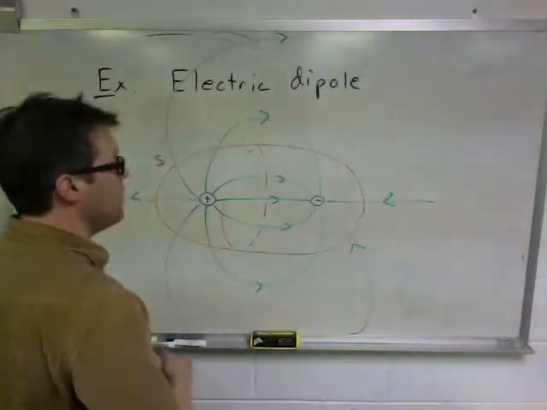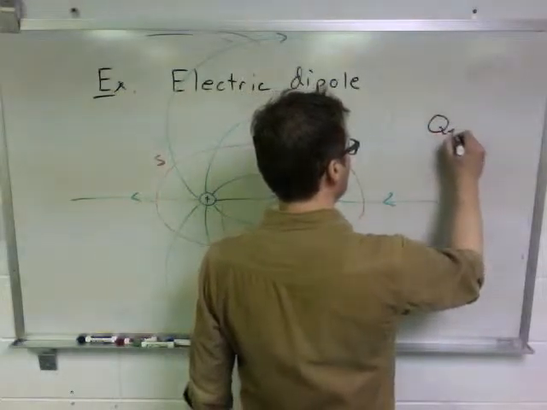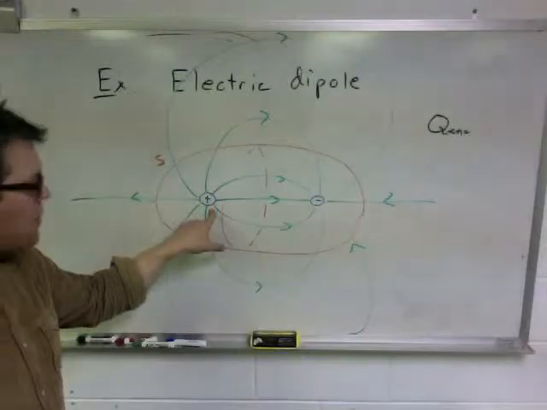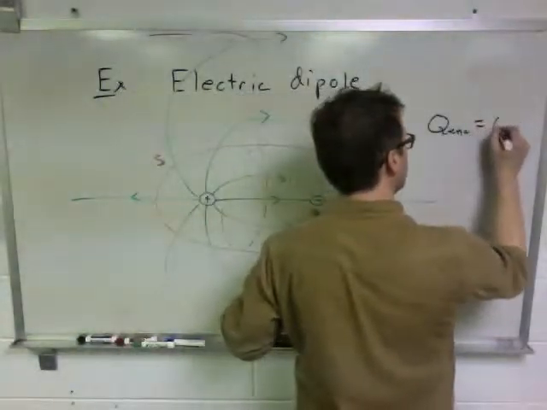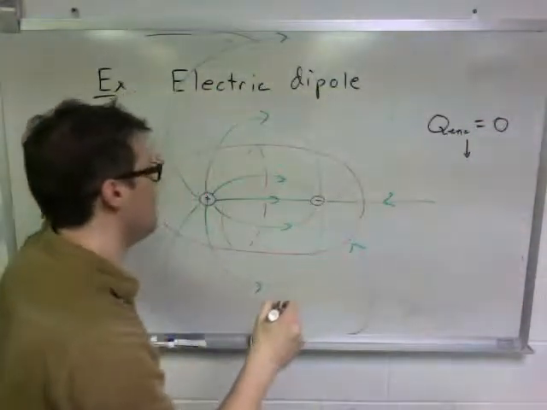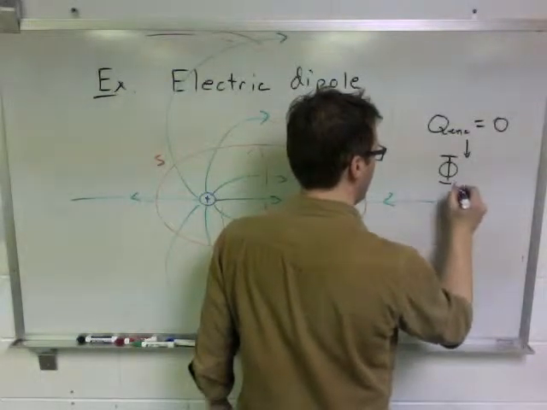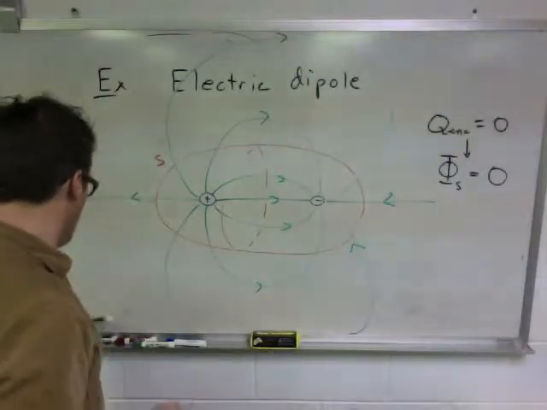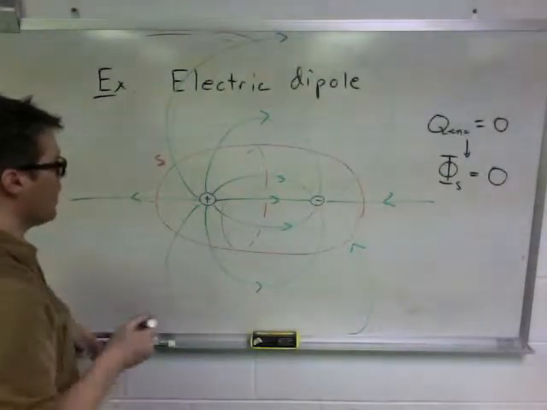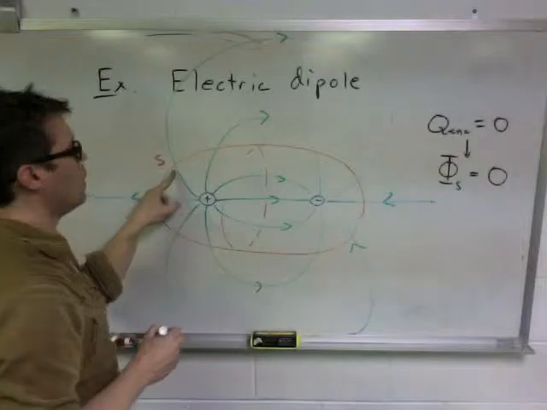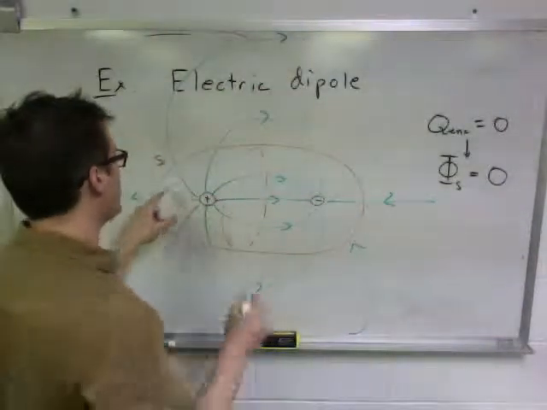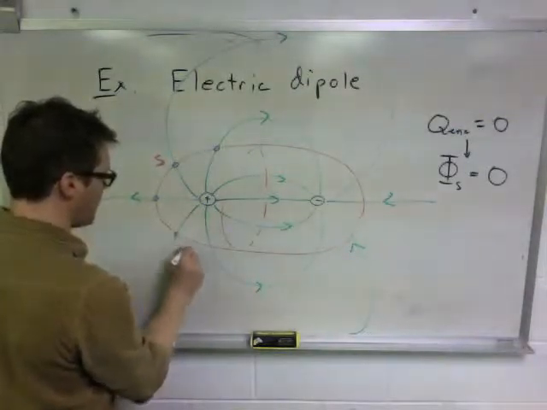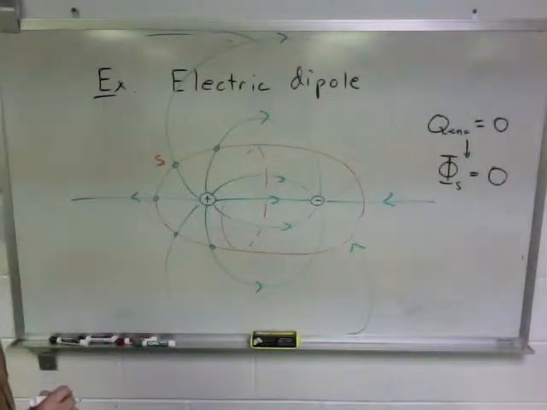Well, in this case, the total charge enclosed by the surface is plus Q minus Q, which is 0. So according to Gauss's law, that means the electric flux through that closed surface must be 0. And that makes sense because look at all of these places where the electric field either pokes in or pokes out of the bag. Here it pokes out of the bag, out of the bag, at all those spots.